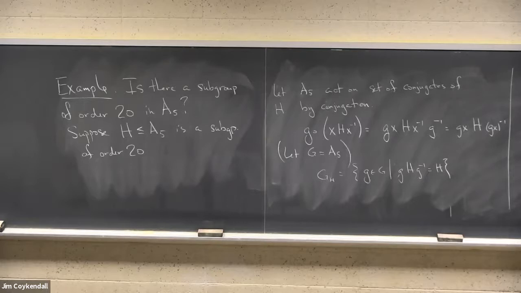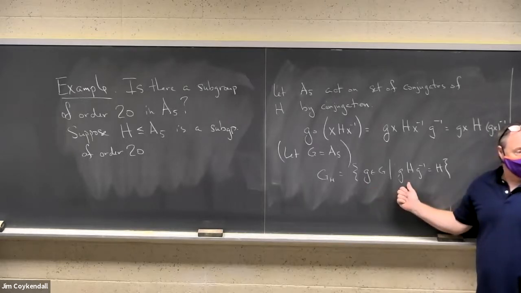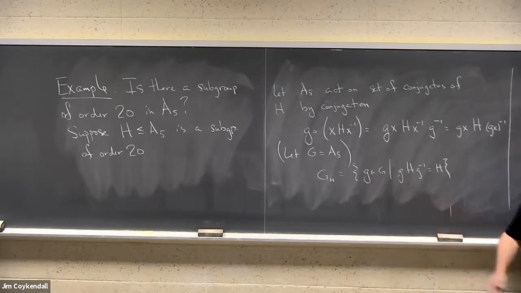Let me point out that the stabilizer must contain all of H, because certainly if g is in H, then this is the case, correct? So the stabilizer contains all of that, but it's also contained in a group of order 60.